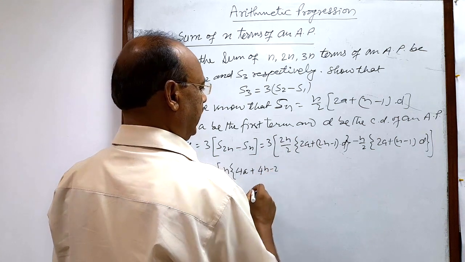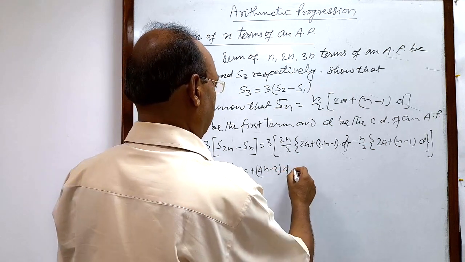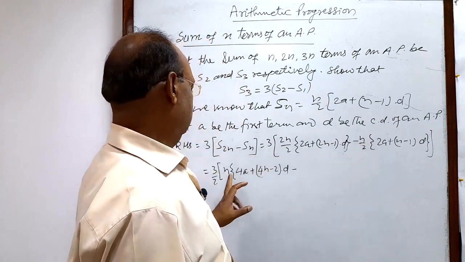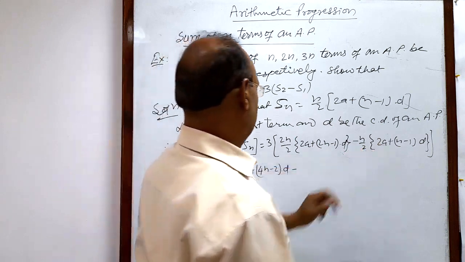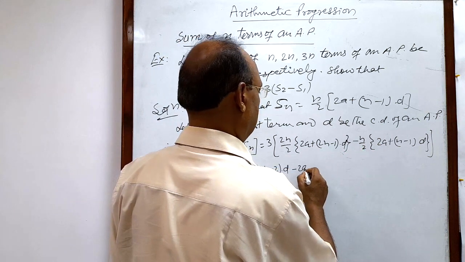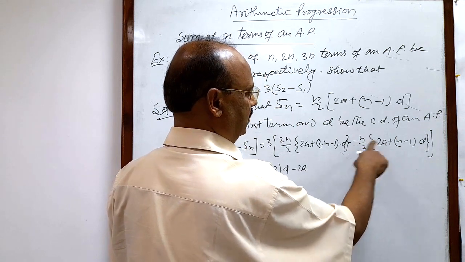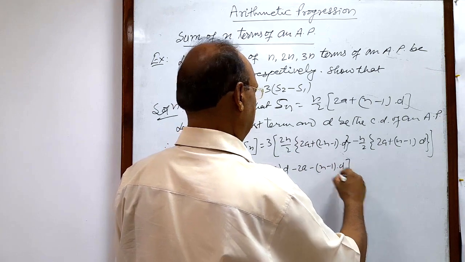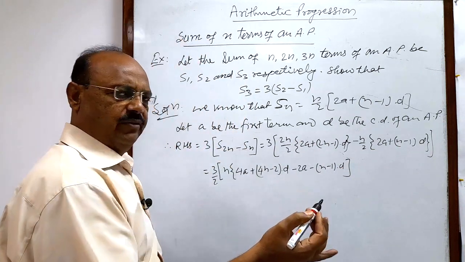And minus, here we have taken n common and 1 by 2 common. So simply this will be minus 2a, and due to this minus sign, this will be minus (n minus 1) into d. Just we are simplifying it.